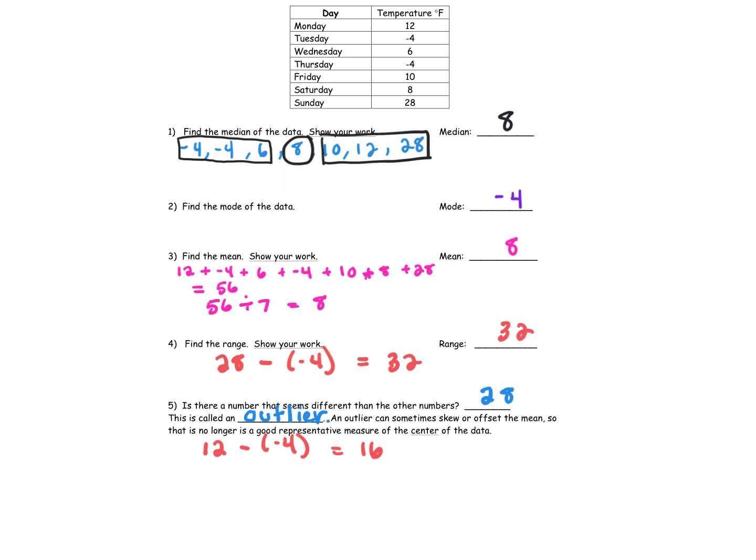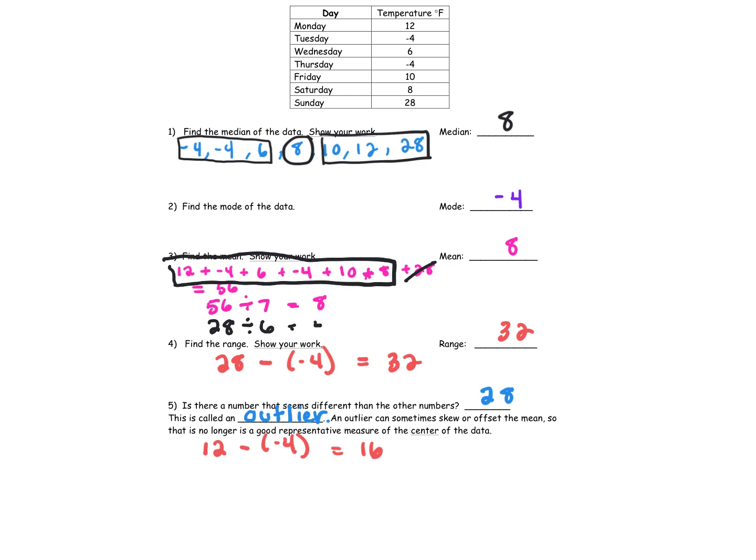And once again, if we added all these numbers without 28, meaning that I'm adding just the first 6 days, then our total would end up being 28. And since we're only including 6 days, we divide by 6.